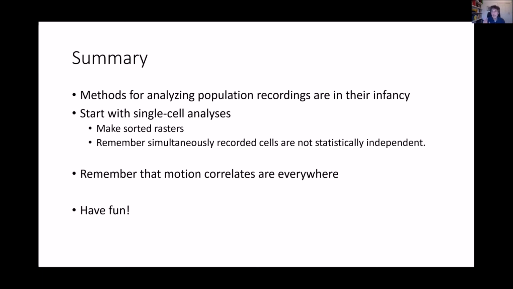Or put it this way: if you assume your neurons are independent when they're not, you're going to get a false positive with a p-value of 10 to the minus 30. If you assume something Gaussian when it's not, you get maybe a false positive of p equals 0.03. So it's not that bad of an assumption.